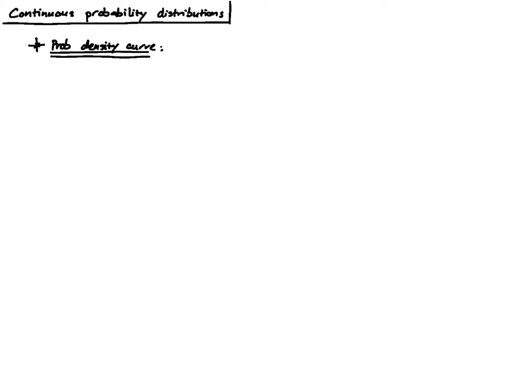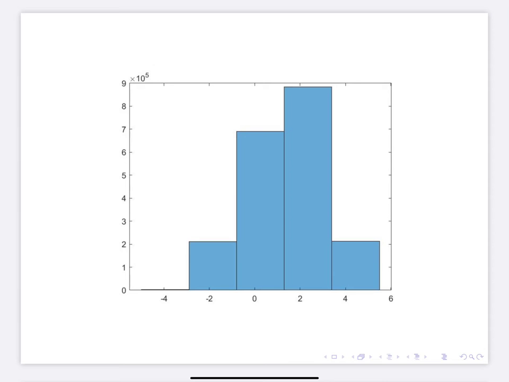Now suppose I have a data set with a continuous variable, and I want to construct a histogram for that variable. A histogram with 5 bins or 5 intervals looks something like this. According to this histogram, we have a mode in this range.